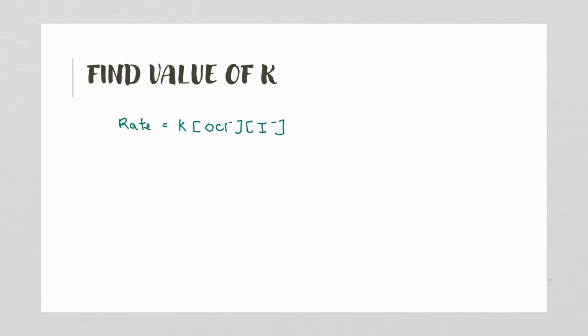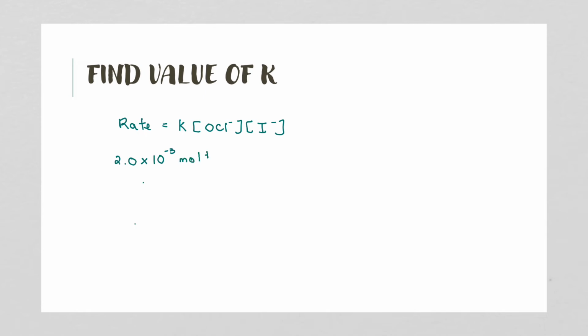Now I'm just going to put the numbers in. So we remember in experiment number 1 from that original table, the rate of the reaction was 2.0 times 10 to the power of negative 3, and that was in moles per decimeter cubed per second.